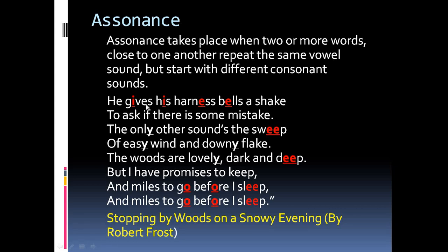He gives, you can see that I have highlighted the vowel sounds with red, right? Gives, I, his, I, harness, ee. So two or more consecutive words, close to each other, start with a different consonant sound but repeat the same vowel sound.